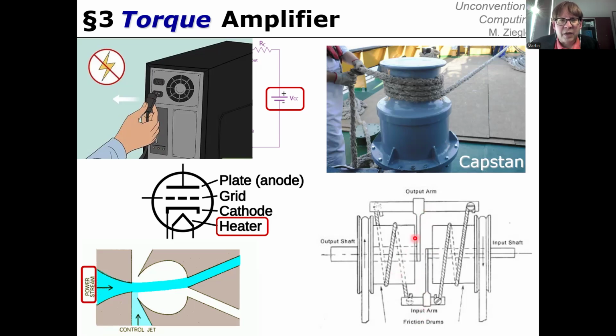And it turns out that the output arm is always opposite to the input arm, but you need only very little force to move the input arm, and the output arm rotates synchronously, but with higher force, technically, with higher torque. That's why it's called torque amplifier. So let's now watch a demonstration of the torque amplifier.